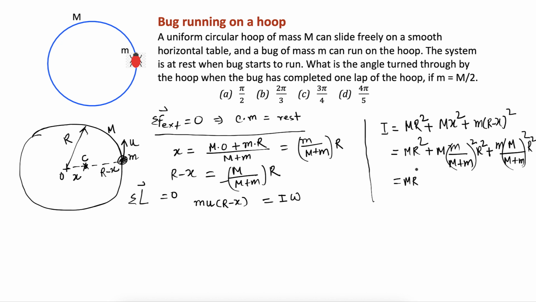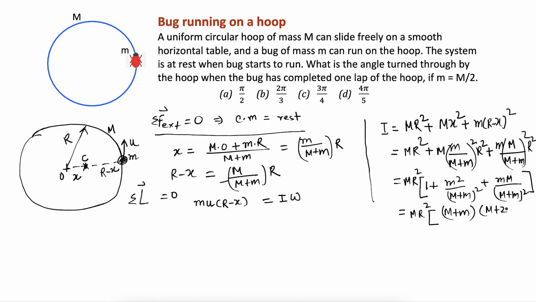So we can take M r common, which gives 1 plus m square by (M plus m) whole square plus m M by (M plus m) whole square, and therefore M r square times (M plus m) and (M plus 2m) by (M plus m) square, which becomes M (M plus 2m) by (M plus m) r square.